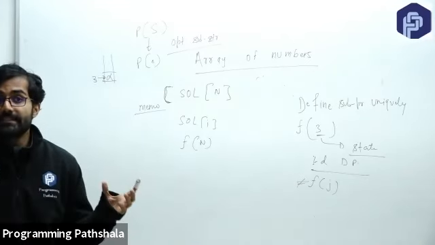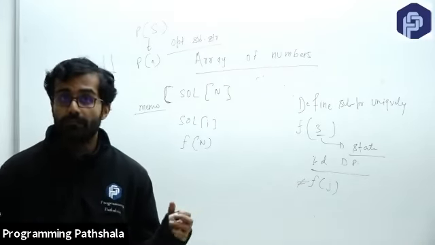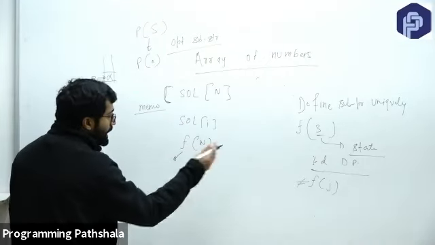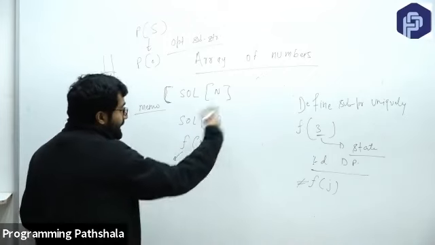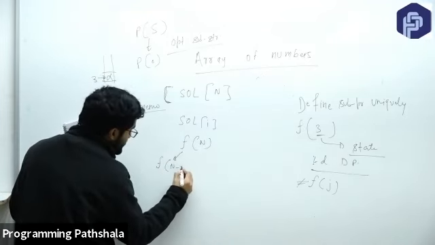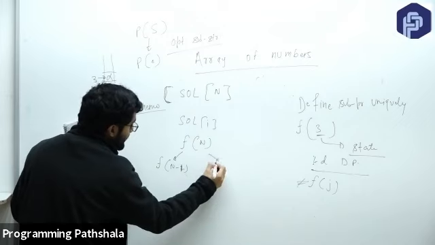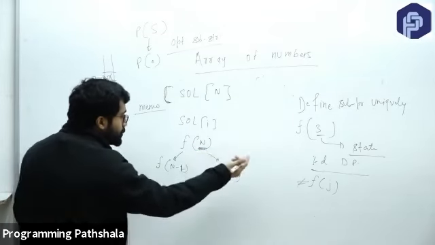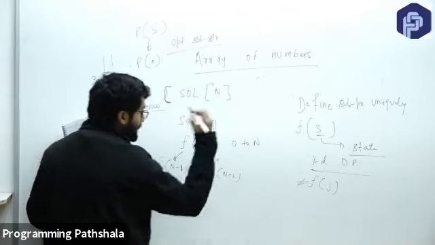Just n distinct subproblems, not more than that, because f of n will never call something greater than n. It will always call something lesser than n. So the value of this variable will fluctuate from 0 to n only.